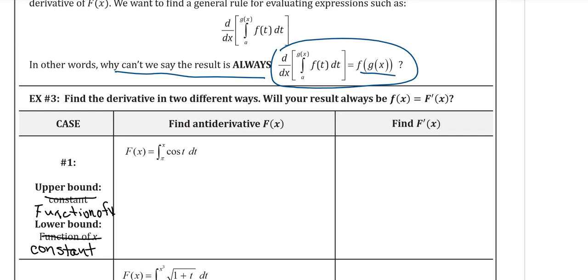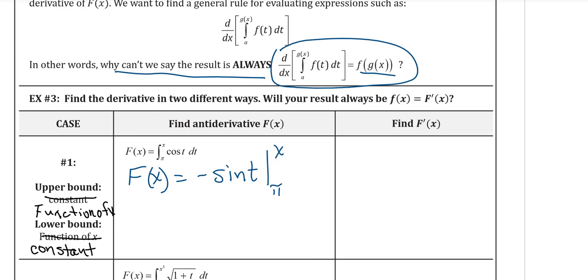Okay, so let's go ahead and take this antiderivative. So the antiderivative of cosine t is going to be sine t, evaluated from pi to x.